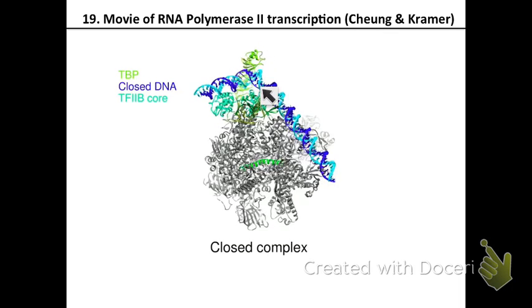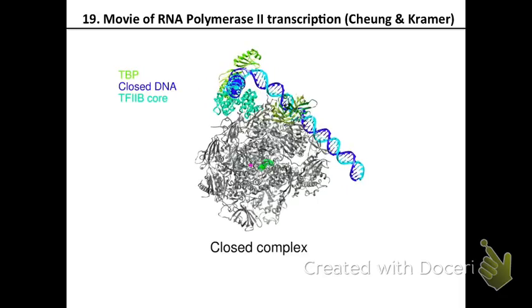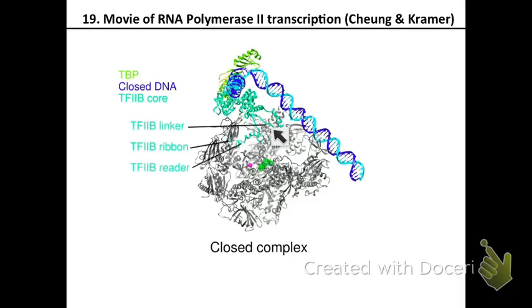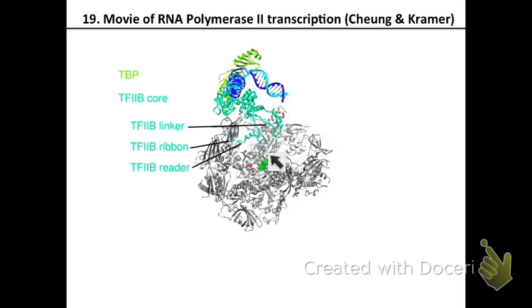And that bends it. And you have a TFIIB protein here in light blue. And it has some structures that actually extend all the way inside the RNA polymerase, the large subunits, towards the catalytic core. So this is the catalytic core where you have a magnesium ion.